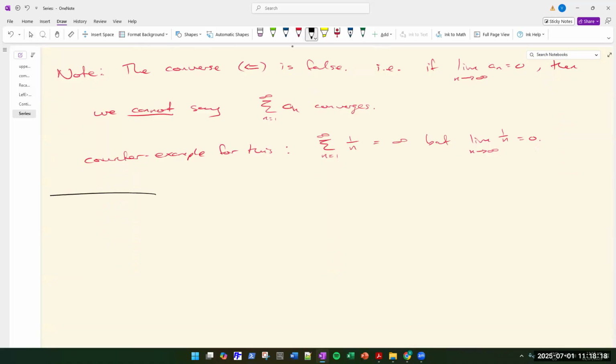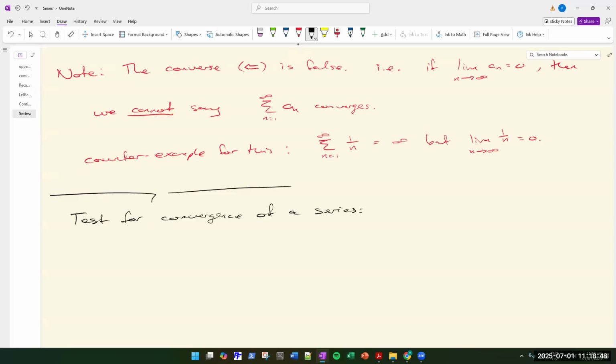So then we went on to look at different types of tests for whether or not a series converges. There are many, many tests, each with their own condition.